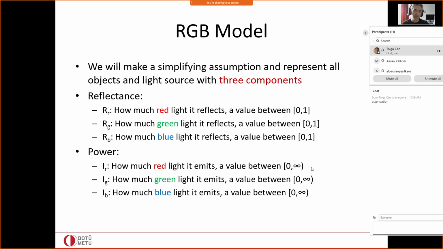Another thing about the color computations is that they will always be additive, meaning that the color for a pixel, if there are multiple light sources, their effects on that pixel will be additive. We will sum all the contributions. For example, in the simple illumination model, we will have the diffuse component, the specular component, and the ambient component. We will just add them to the pixel's color value.